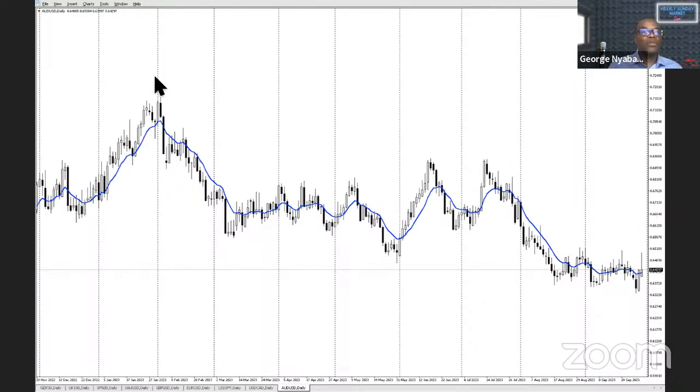The currencies that we're looking at: Aussie, USD, CAD, yen, euro, pound versus dollar, gold, S&P 500 when you get to the indexes. Also UK 100, and we've got the DAX on.